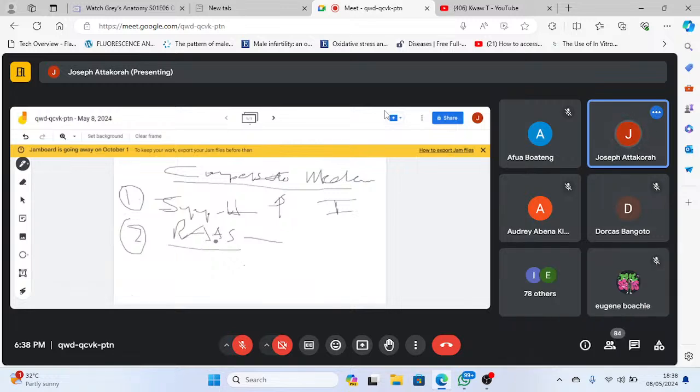And if the heart is failing, that percentage will reduce, and that would activate the RAS.